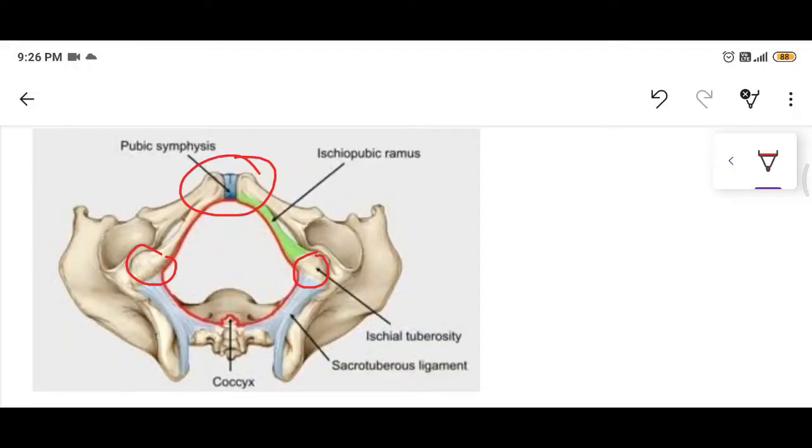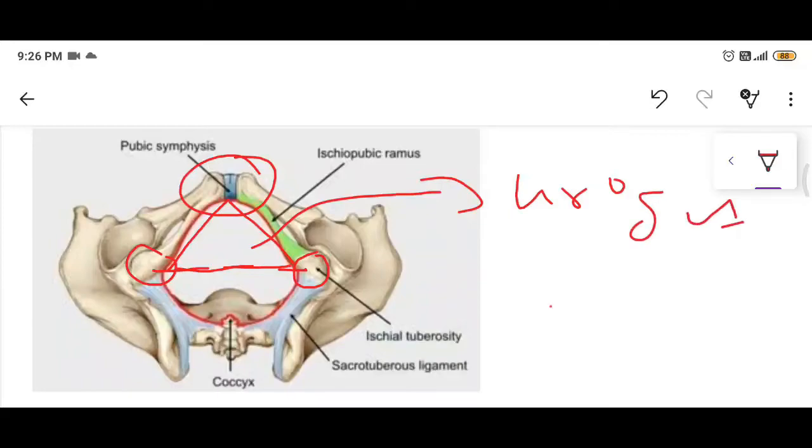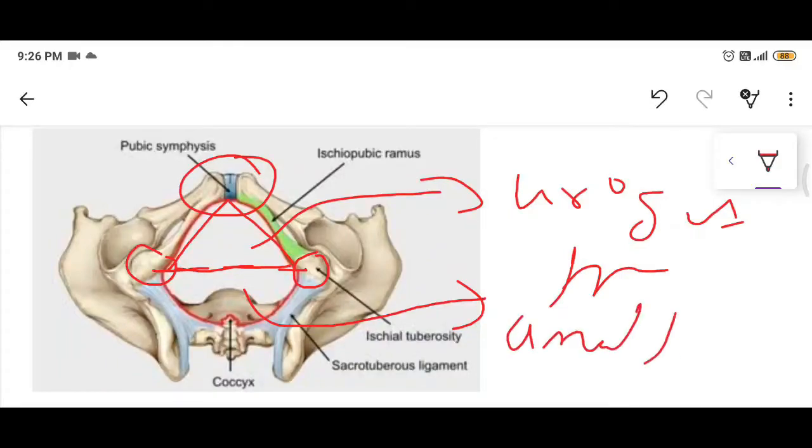Between the two ischia there is an imaginary line that divides the whole pelvic outlet into two parts. The triangle that is anterior is called the urogenital triangle, and the triangle that is posterior is called the anal triangle.